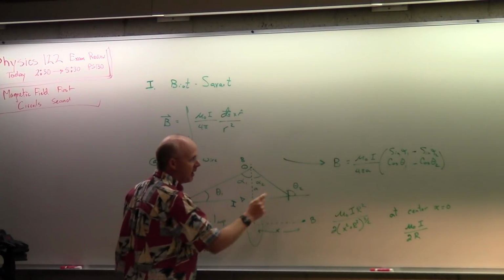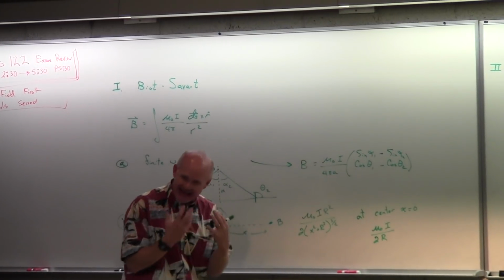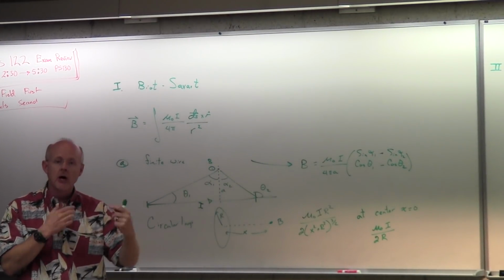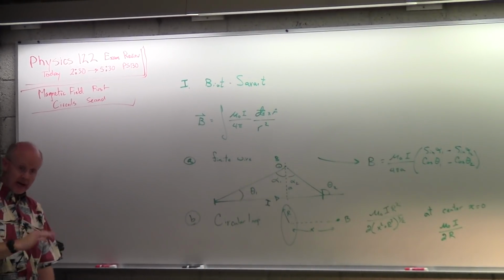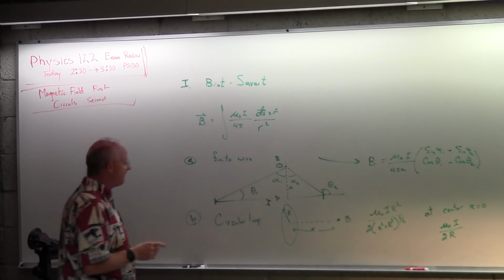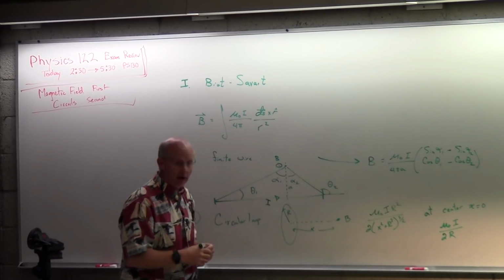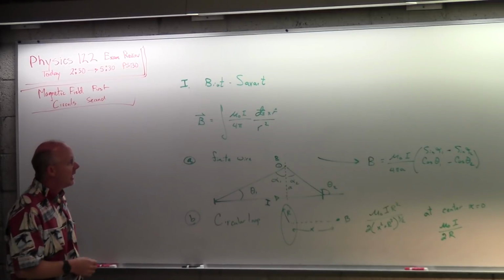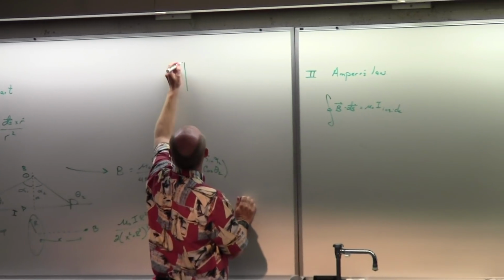But this is theta 1, this is theta 2. You end up with this then as the magnetic field from a straight wire. That's the result of a bunch of calculus. On the other hand, sometimes it is convenient to measure the angle coming down from the apex. You'll see that well if on your homework you get something like this.